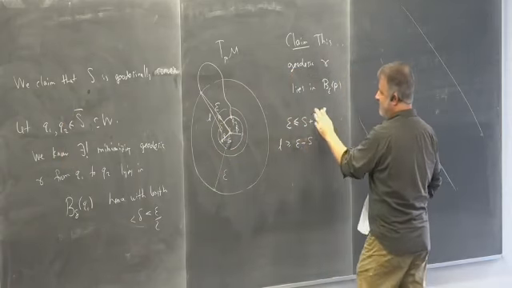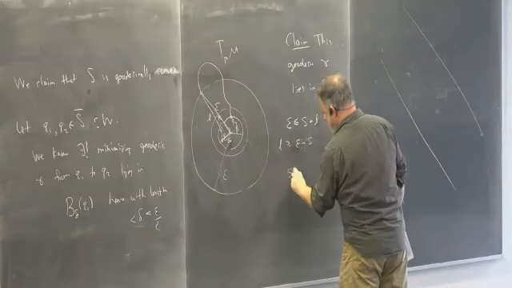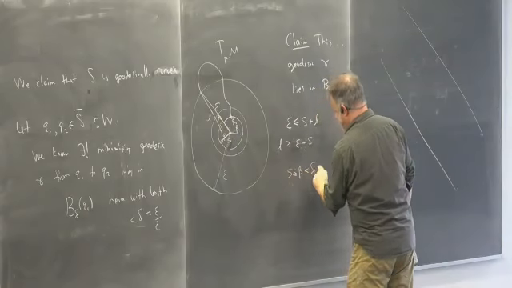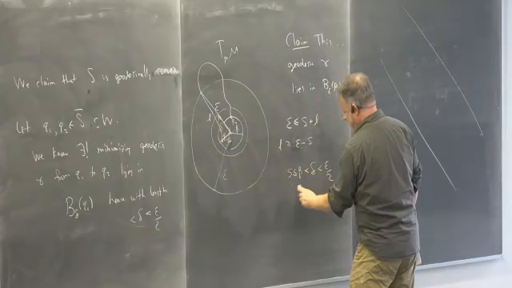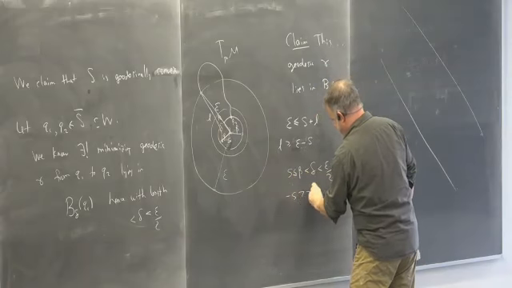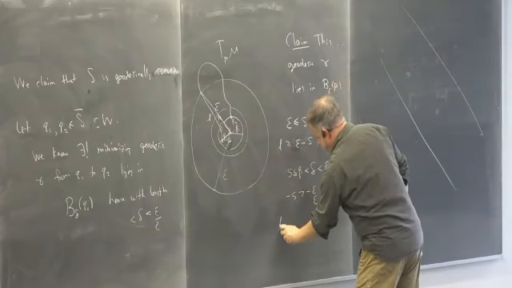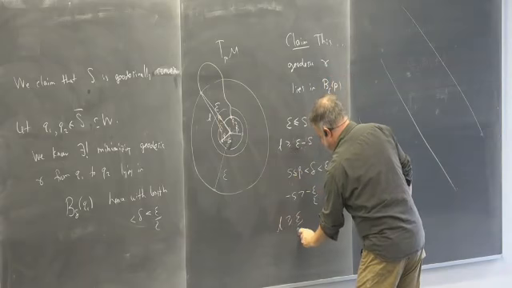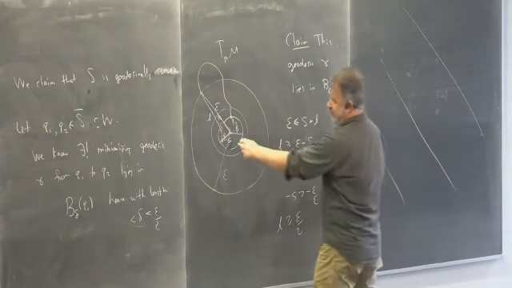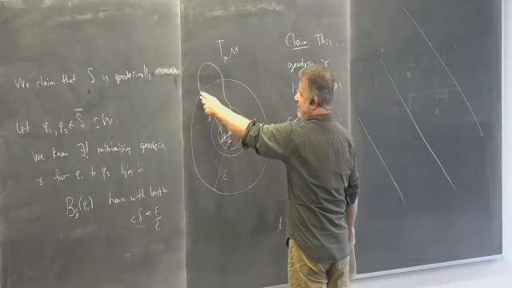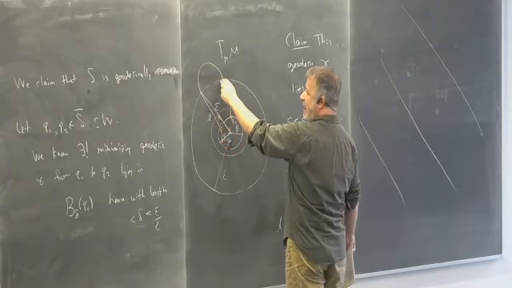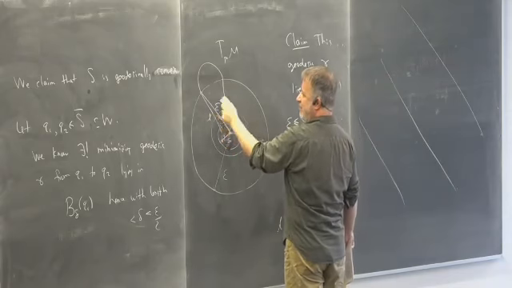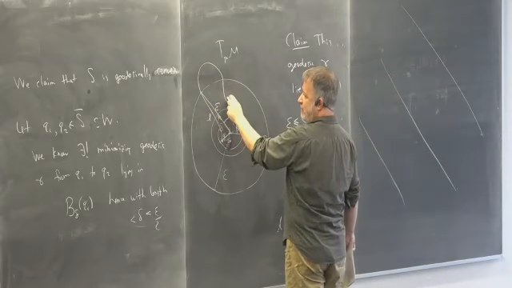And what do we know about S? S is less than or equal to beta, which is less than delta, which is less than epsilon over 2. So that means that minus S is bigger than minus epsilon over 2. So L is at least epsilon over 2. Okay, so this purple line here is at least epsilon over 2. I can do the same thing for this guy. So the sum of these two pieces is at least epsilon over 2.